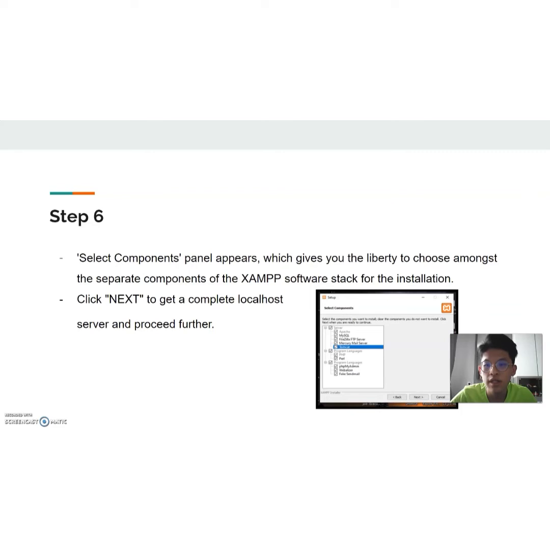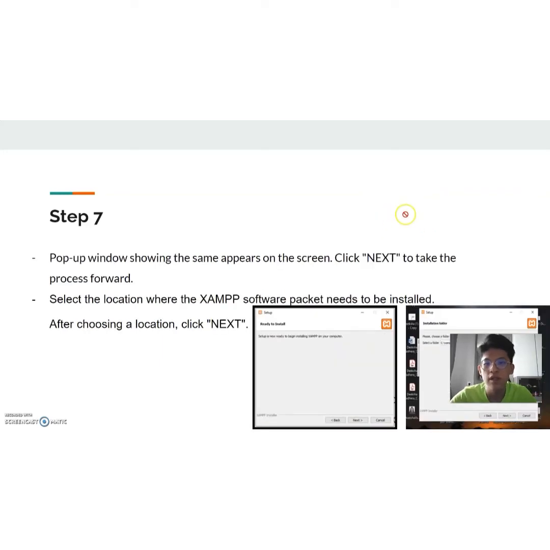And then we click next to get a complete localhost server and proceed further. It is shown in the diagram that we provided. And for step 7, a pop-up window will appear on the screen. And then we need to click next to take the process forward.